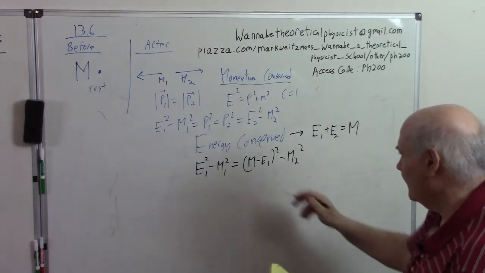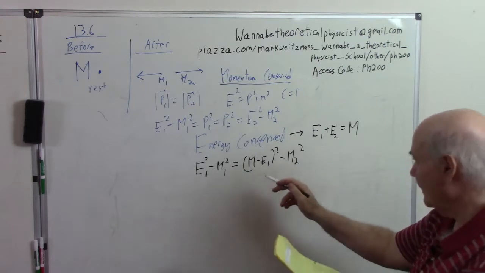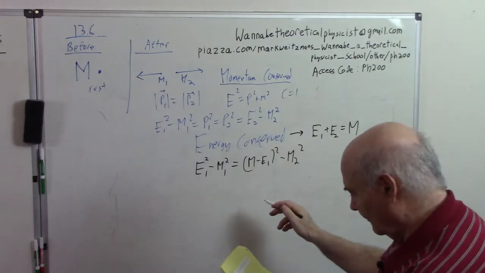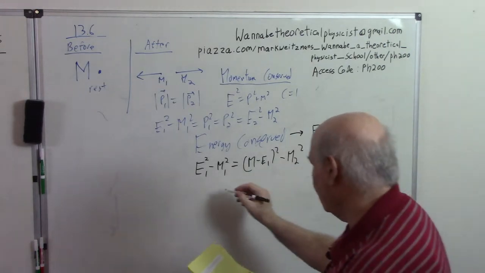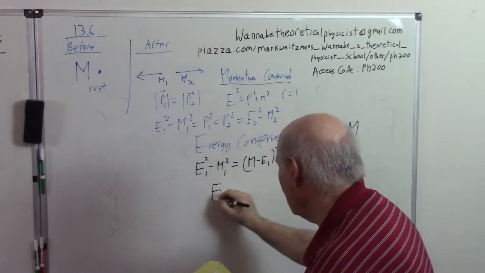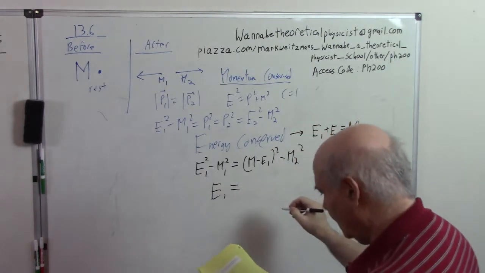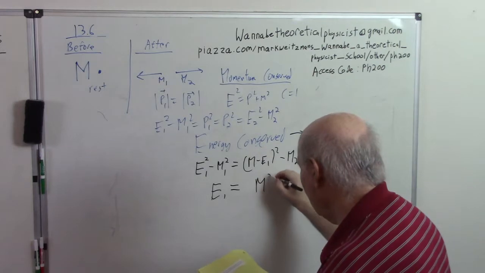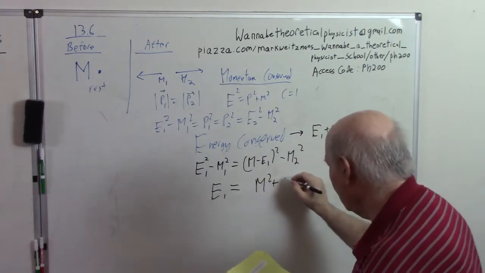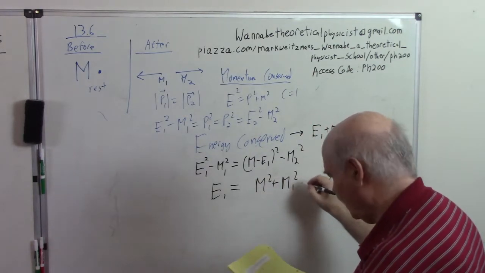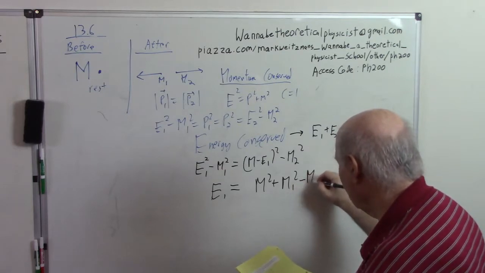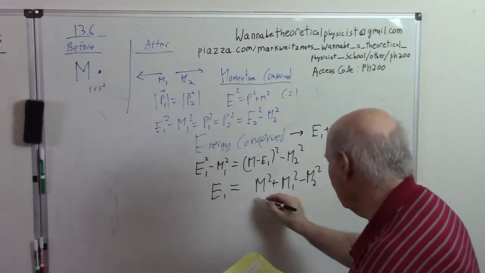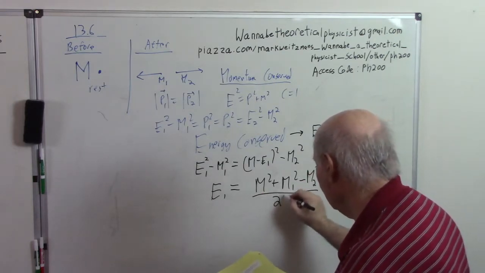So, if you expand this and do some cancellations, you'll get E1 is equal to M squared plus M1 squared minus M2 squared over 2M.